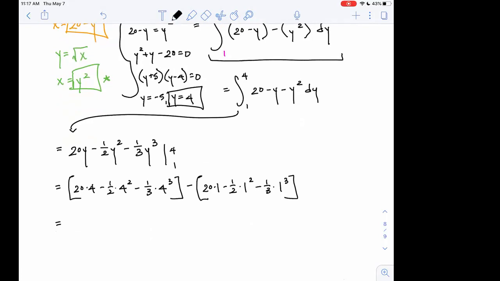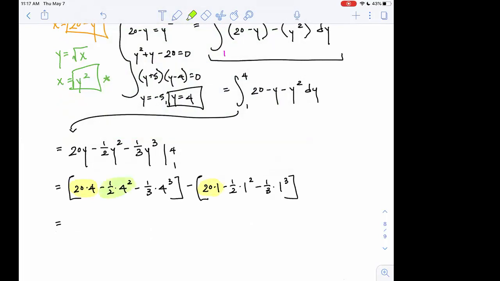Okay, now very early on in that first example, I said I like to sort of group them by similar terms. And I'm going to do the same thing here. What I mean by that is 20 times 4 is going to be a whole number, and so is 20 times 1. So I'm going to collect those together.